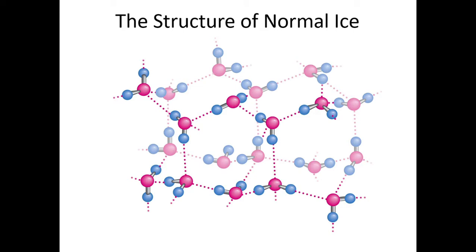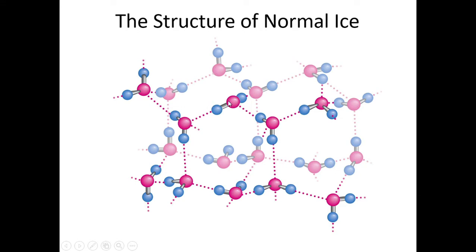This is a picture of the normal structure of ice, and there are 6 water molecules involved in that open lattice structure. Actually, this would be linear, all in the same plane, so to speak.